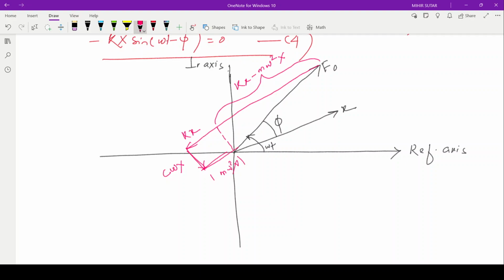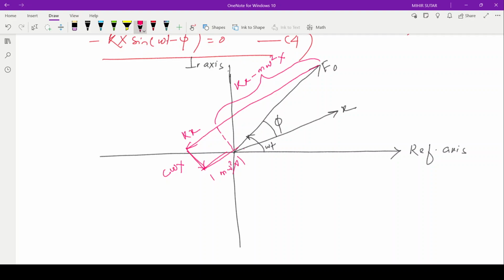Have you completed? So how to interpret this graph? Let's say this is our displacement x, and at a phase difference of phi, our F0 force, the excitation force, is acting. So the total included angle will be how much? It is phi, lagging phi behind.